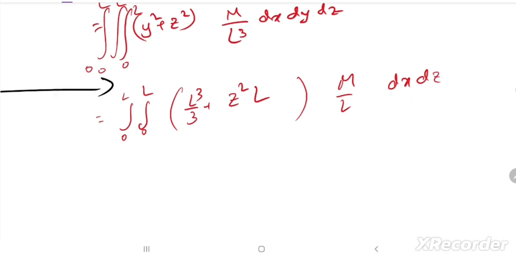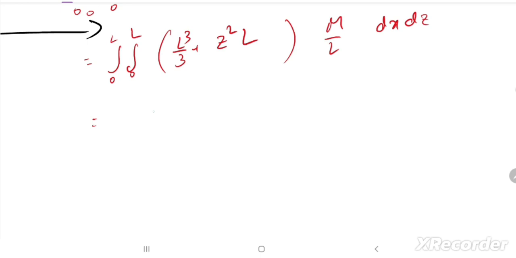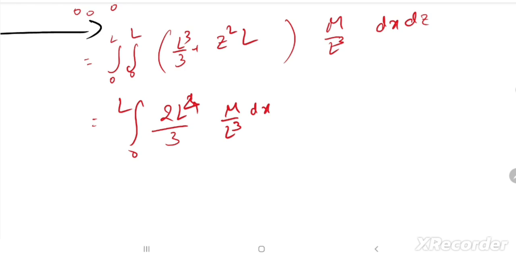Then integrating with respect to z, we'll get 2 l to the 4 by third, m by l cube dx integral 0 to l, and it will just come out to be another l only. The final result will come out to be 2 by third m l square. So this is basically my Ixx, which is equal to Iyy, which is equal to Izz. Hope it's clear.